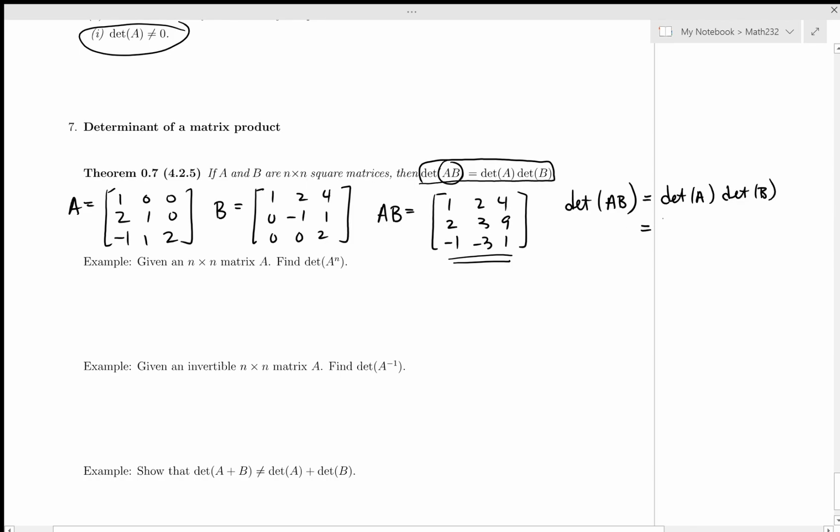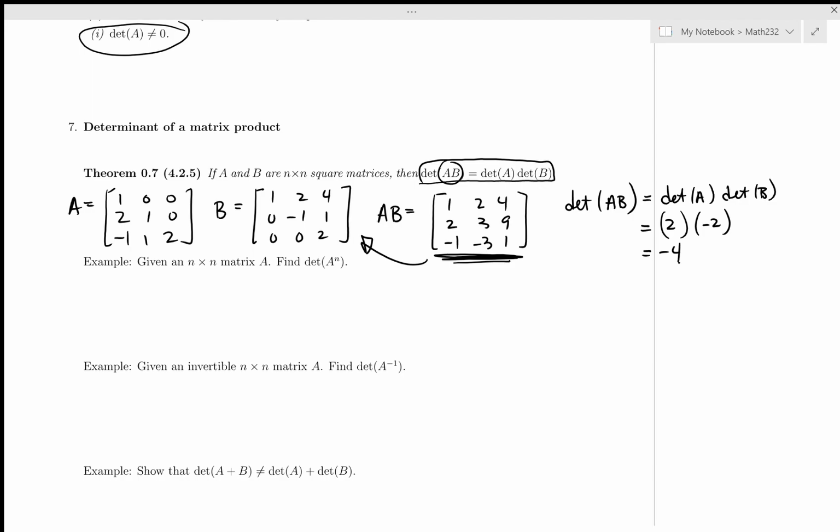That is 2 times minus 2, so it's minus 4. So it's really powerful: if you have a matrix and you're able to factor it into an upper and a lower triangular, then you can quickly find the determinant.